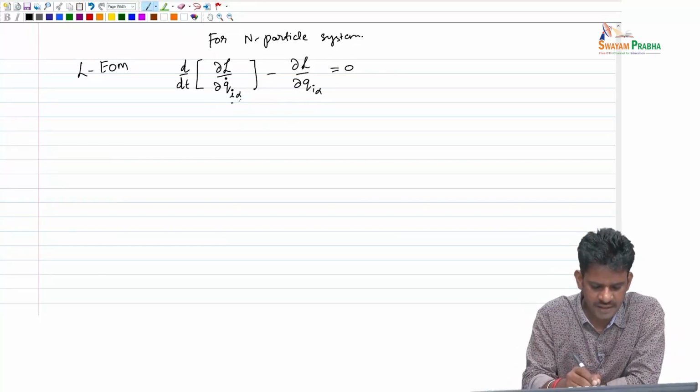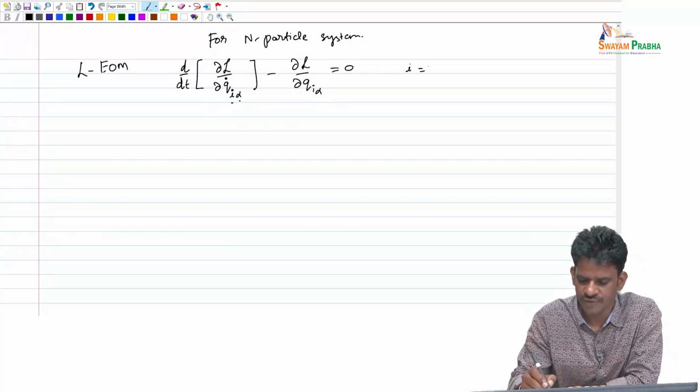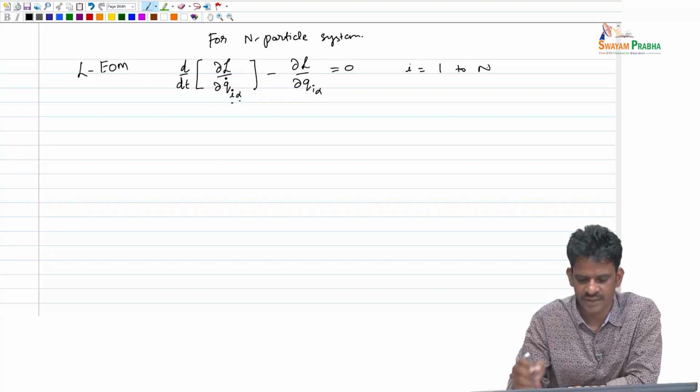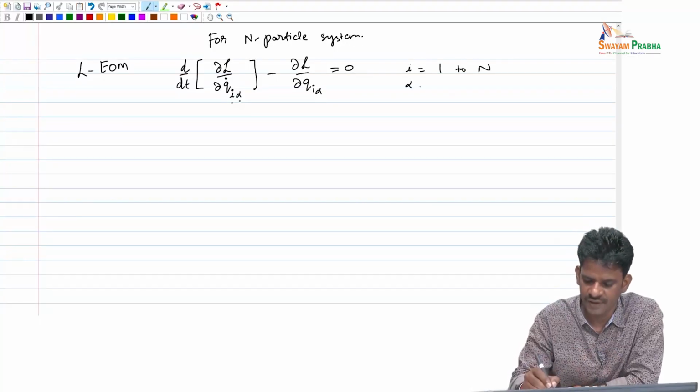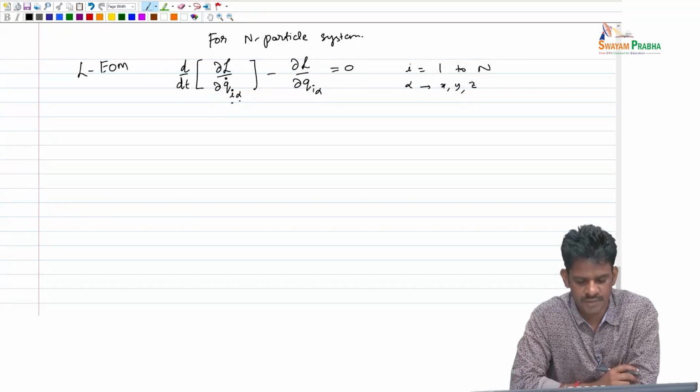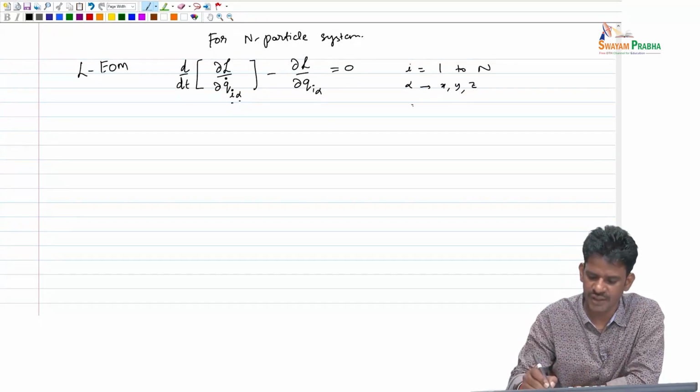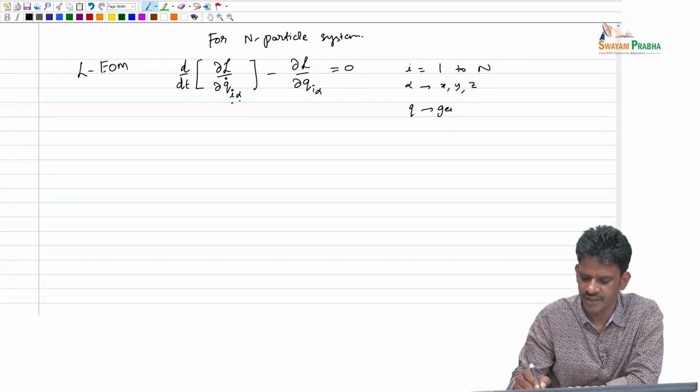So what are i and alpha here? i goes from 1 to n for an n particle system, and alpha goes over the x, y and z components of the position as well as momenta, and the q here is a generalized coordinate.